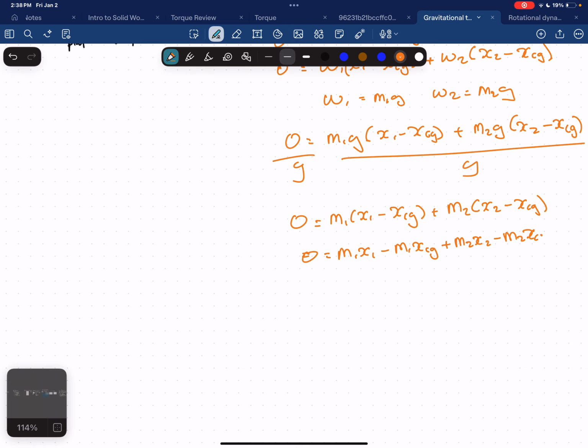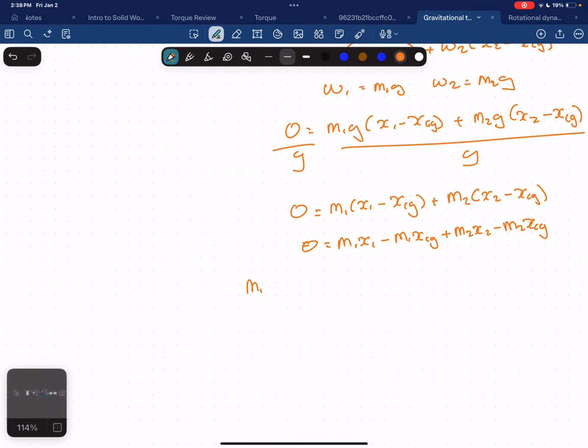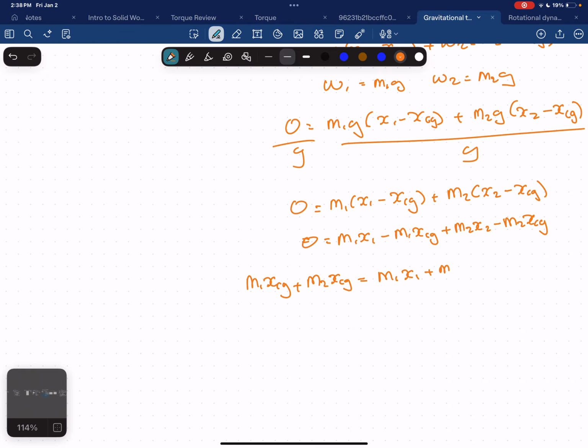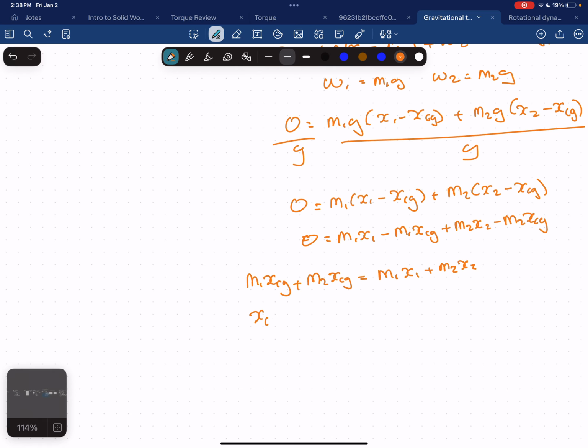I want to solve for xCG, so I can take all the xCG terms across the equal sign. I'm going to have m1 xCG plus m2 xCG equal to m1 x1 plus m2 x2. So from here, I'm gonna factor out xCG. Let's call this m1 plus m2.